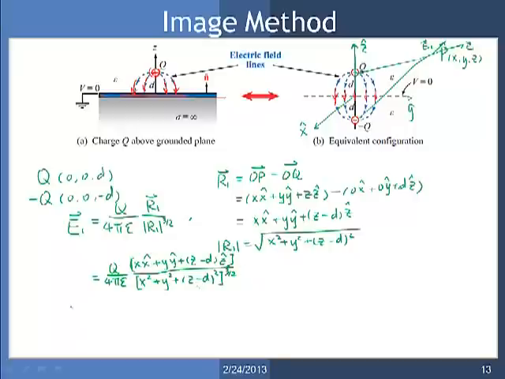Following a similar procedure, it wouldn't be hard to find the E2 vector, and it would take a similar form. It would be minus q over 4 pi epsilon.